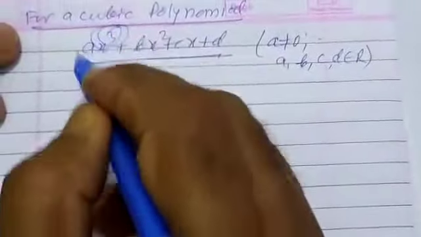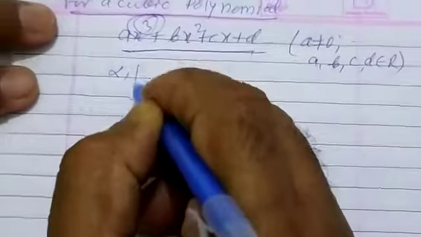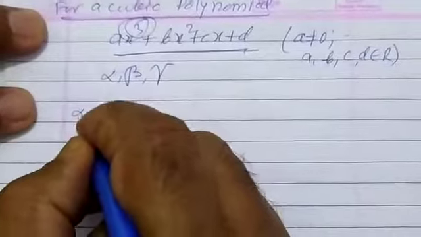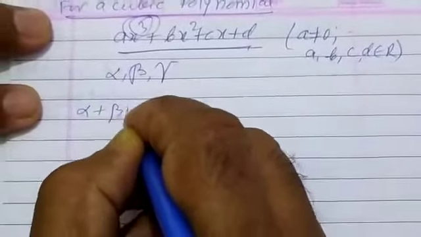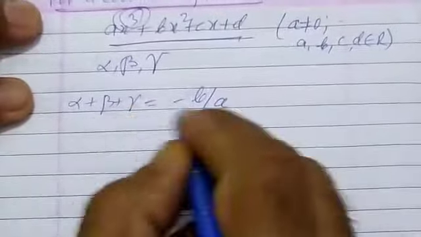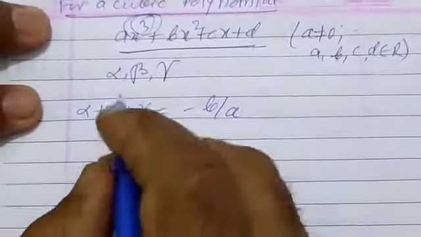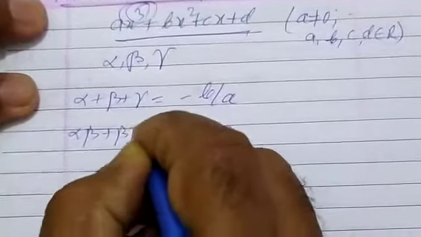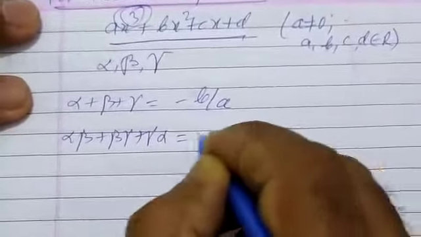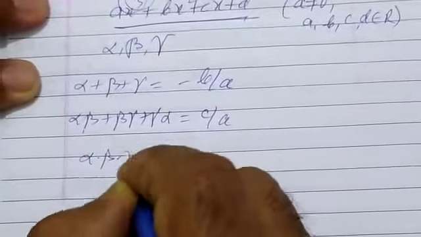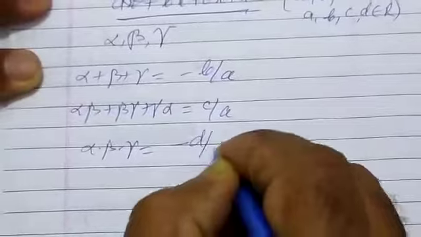Since it is of degree 3, it will have 3 zeros, alpha, beta and gamma. So we get the relation: alpha plus beta plus gamma equals minus b by a. Now multiplying 2 at a time, their sum alpha beta plus beta gamma plus gamma alpha equals c by a. And alpha into beta into gamma equals minus d by a.